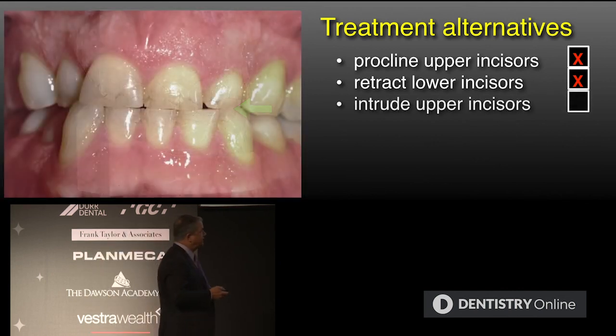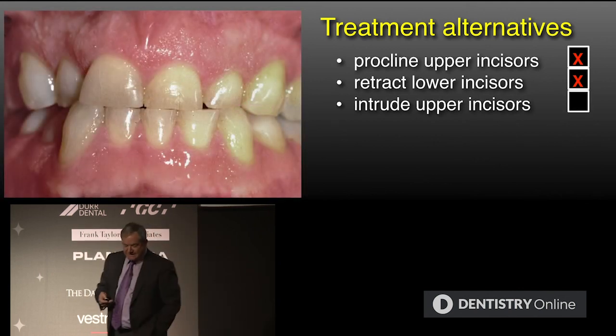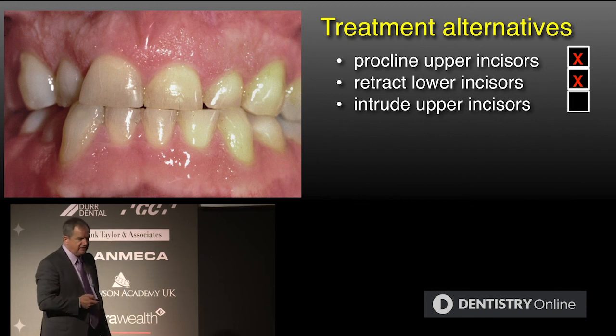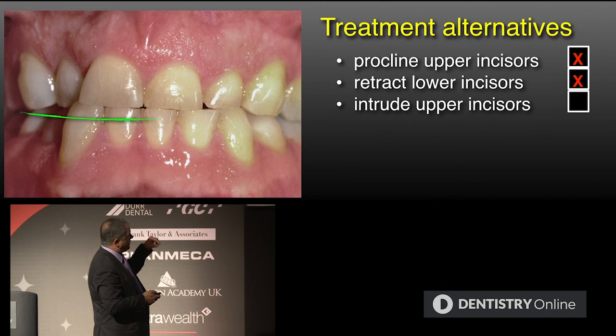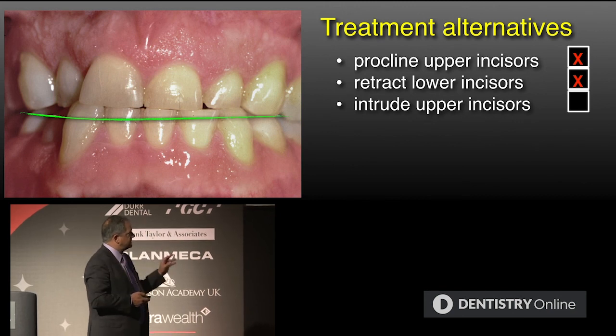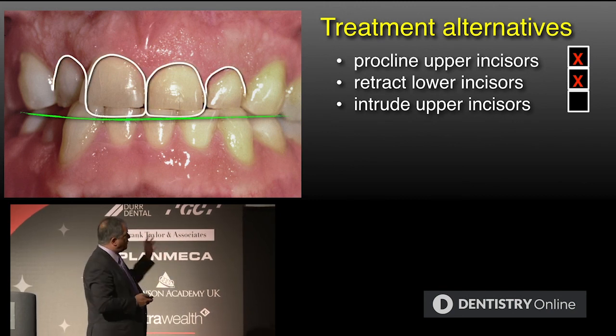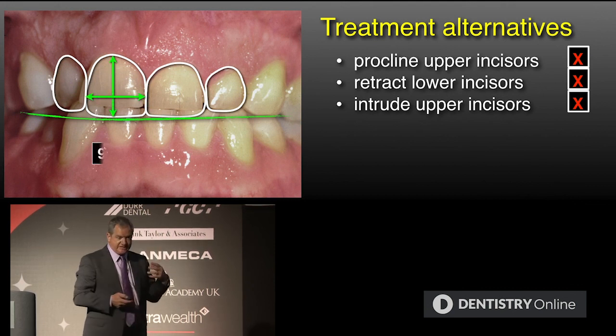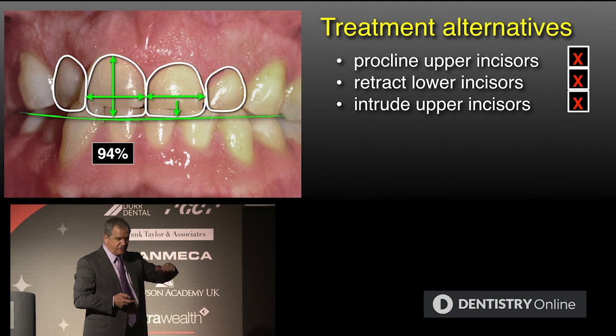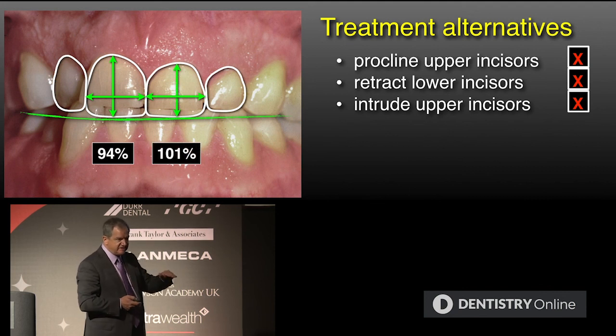Right? Are we going to intrude the upper incisors? How do we decide whether we intrude teeth or not? Typically by looking at gingival levels. You look at where you want the incisal edges, and then once you get that, you measure width and length, and you realize you have a very square tooth. Even with the correct incisal edge addition, it's a very square tooth.